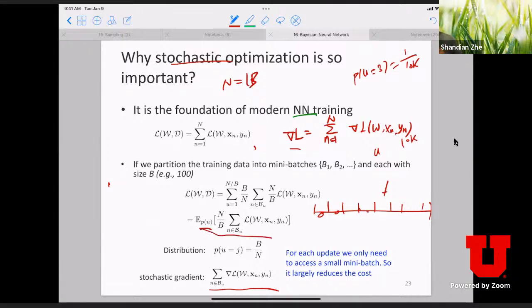If you want to calculate this, this essentially is to take U from 1 to all possible indices of the mini batches, and you multiply the density P of U, which is B over N. And then inside each mini batch, you have this N over B to cancel it out. Otherwise, you change the loss. Okay, any other question?